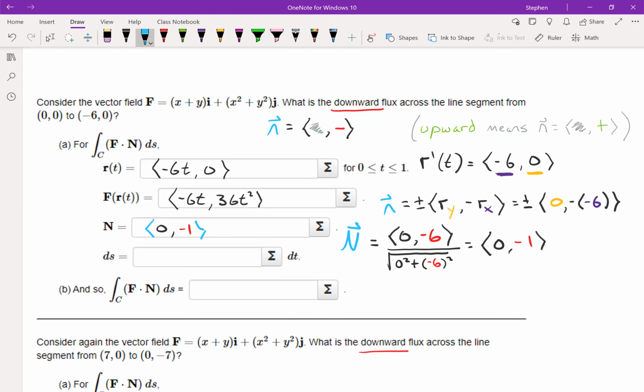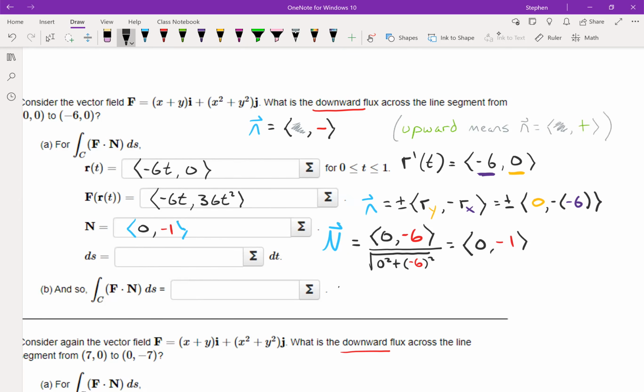So up next, we want ds, or well, we already know ds is going to be the magnitude of r prime times dt, which means we just need to get the magnitude of r prime, which should be the square root of -6 squared plus 0 squared.